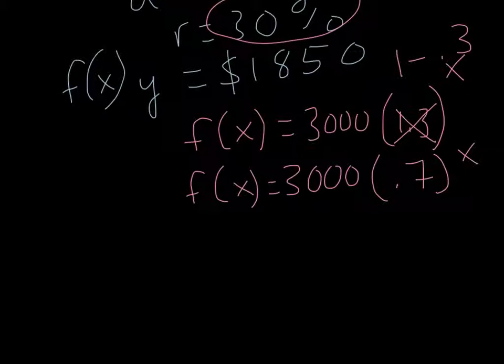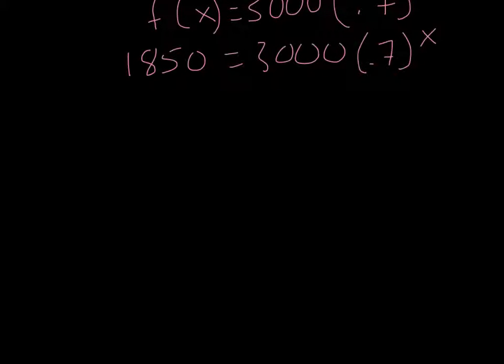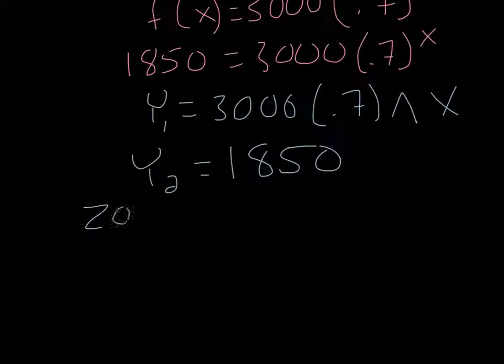All right, the equation is 1850 equals 3,000 times 0.7 to the x. Now, to put it in your calculator, you would do y1 equals 3,000 times 0.7 caret x. y2 would be 1850.